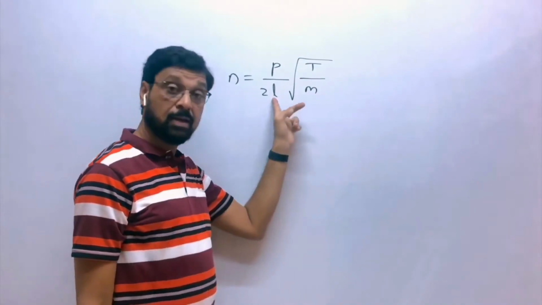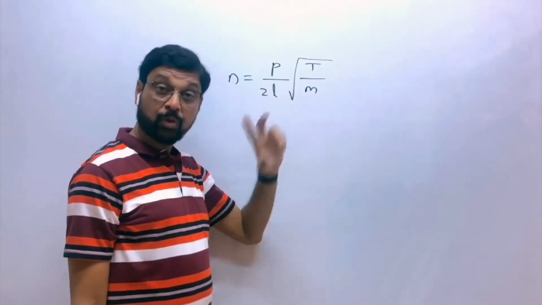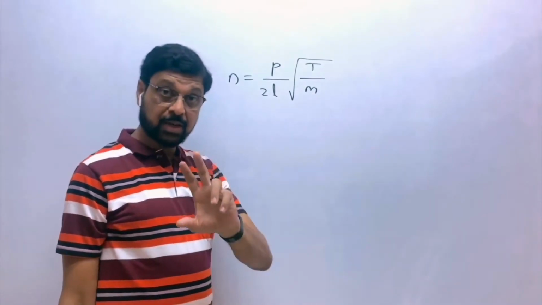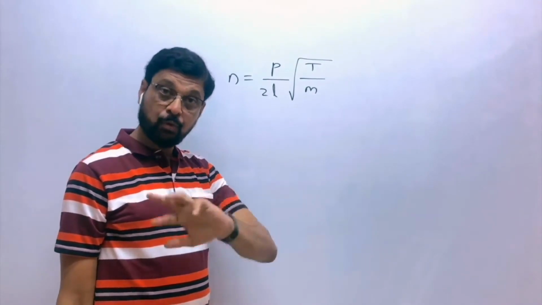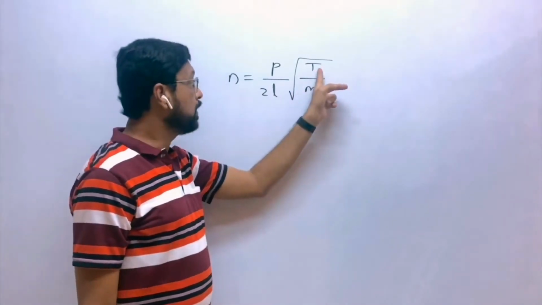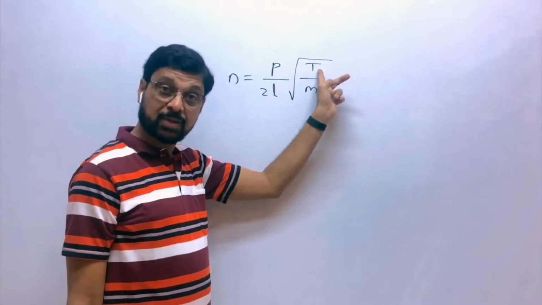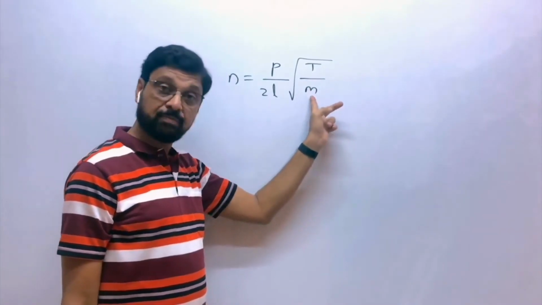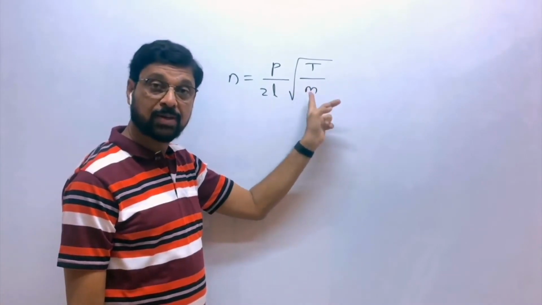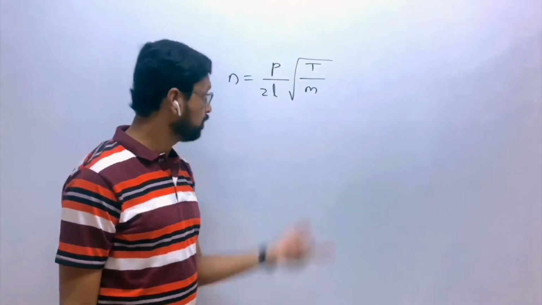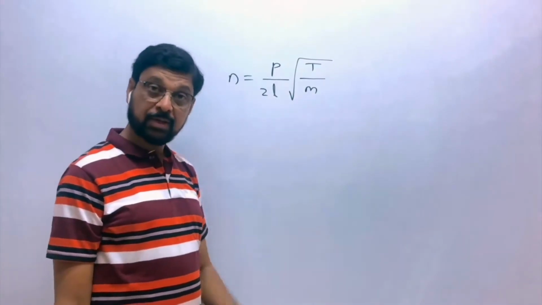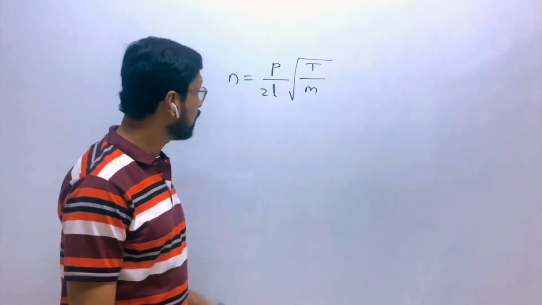L is the length of the string, which is called the vibrating length of the string. String की जितनी length vibrate हो रही है, vibrating length of the string. T is tension in the string, and m is linear density or mass per unit length of the string. This was the formula that we derived in the previous lecture.